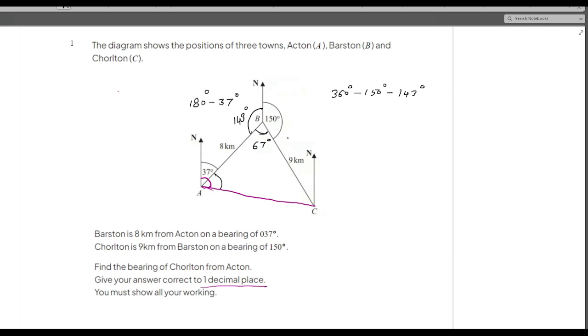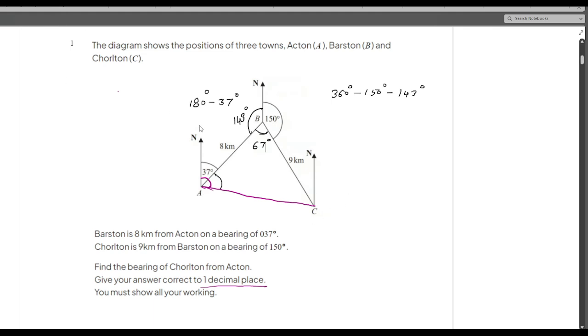Now in triangle ABC, I have angle B. Also I have length of AB and length of BC. What I can do, I can find out length of AC using cosine rule.